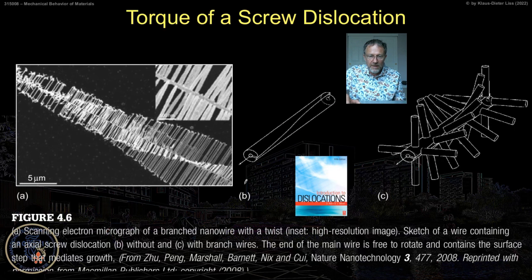And this torque can be seen by elastic relaxation, that around the dislocation core you get this screw torsion of the crystal lattice.